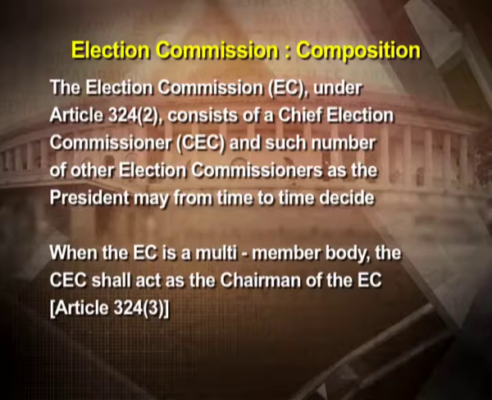Now, if it is a multi-member body, then Article 324 clause 3 says that the Chief Election Commissioner, the CEC, shall act as the chairman of the Election Commission, and decision is to be taken by the majority. An attempt must be made to take decisions through consensus, but if a consensus cannot be reached, then majority decision must prevail.